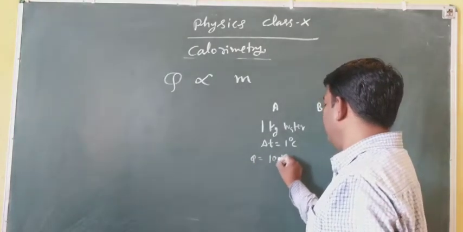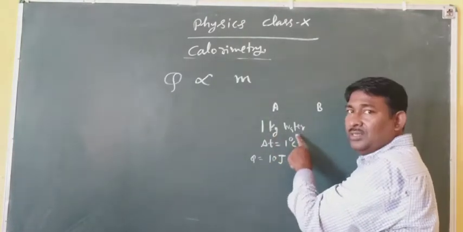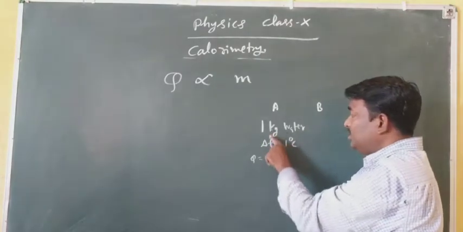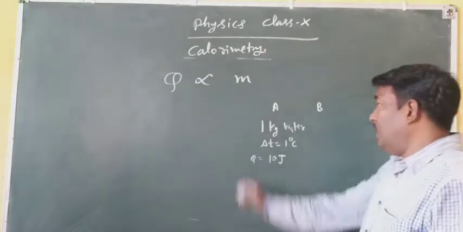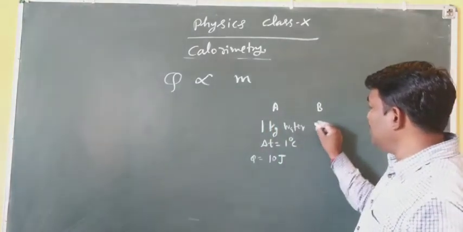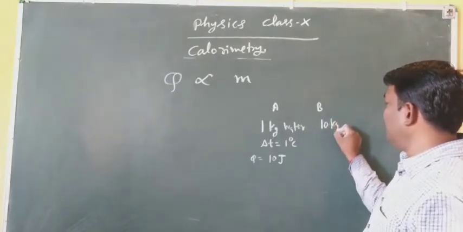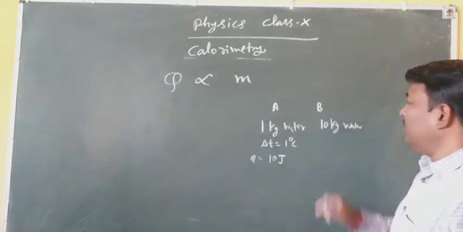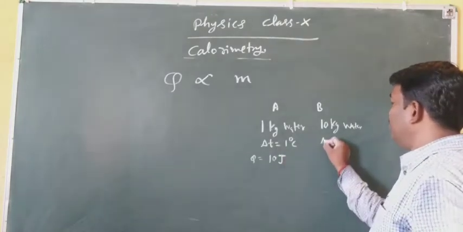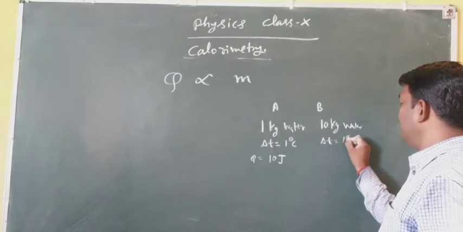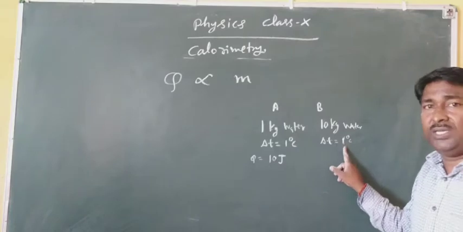suppose 10 joule. Now see, initially we have taken 1 kg of water, so to increase its temperature by 1 degree centigrade we require 10 joule of energy. Now we change its mass, and suppose we take 10 kg of water, and again we change the temperature by the same extent, 1 degree centigrade.